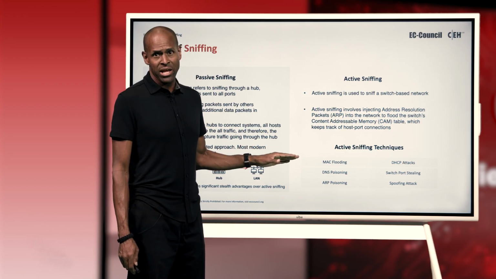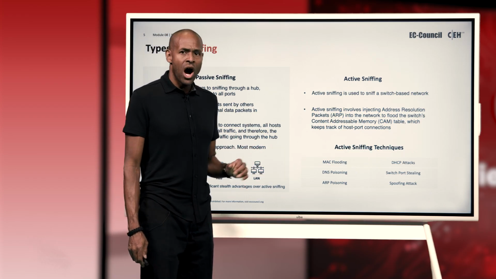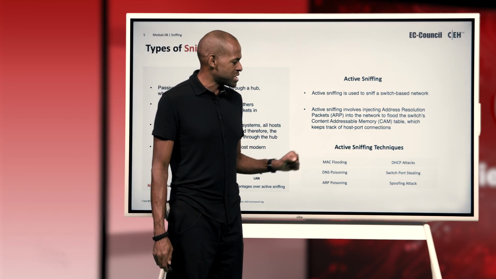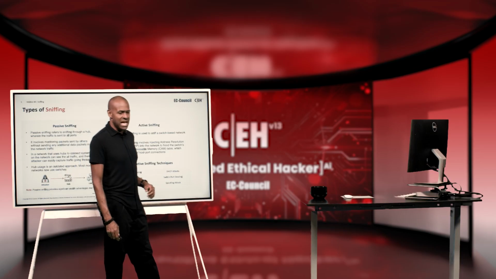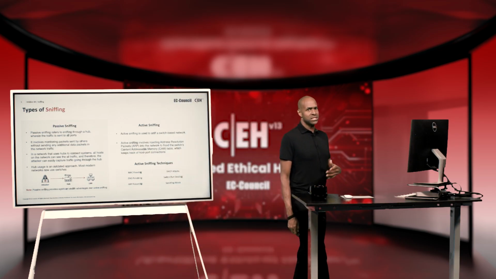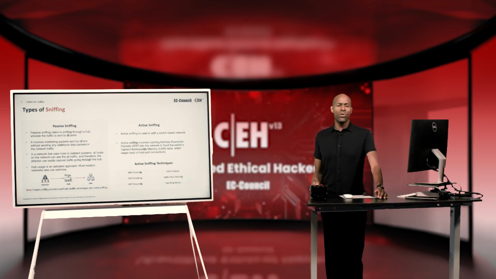So MAC flooding, DNS poisoning, ARP poisoning, DHCP attacks, switch port stealing, and spoofing attacks are all part of active sniffing. As an attacker, you're probably going to use passive sniffing to discover items about the network. But when you really want to get deeper, you'll use active sniffing.